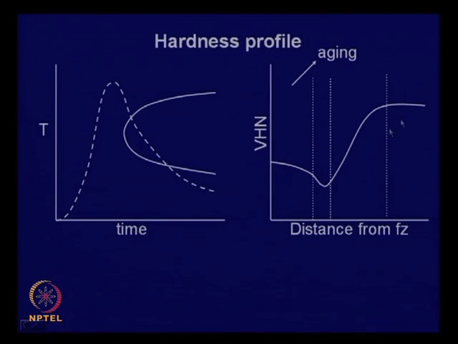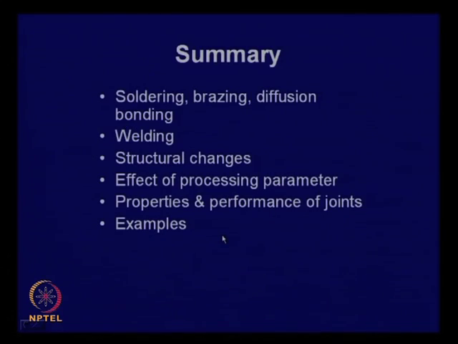So, in short, what we have learnt here is that in metal joining, particularly welding, which we looked at in great detail, you are applying a very high or intense heat source in a localized area.